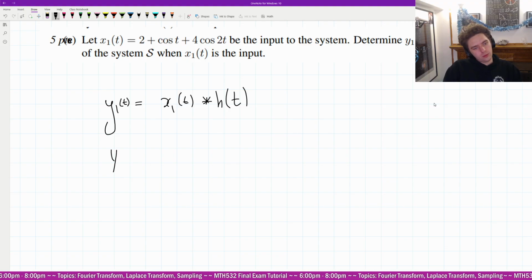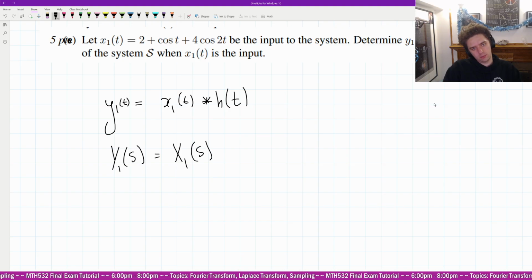Laplace transform, okay, let's do that. Y1 of s equals x1 of s multiplied by h of s.